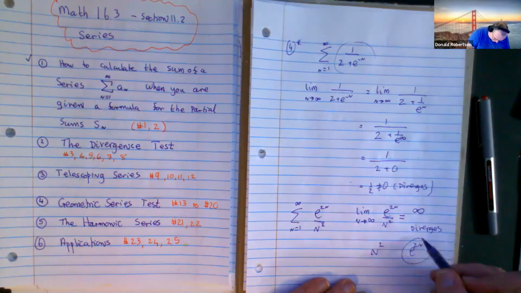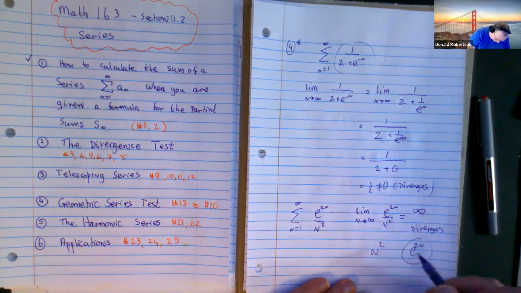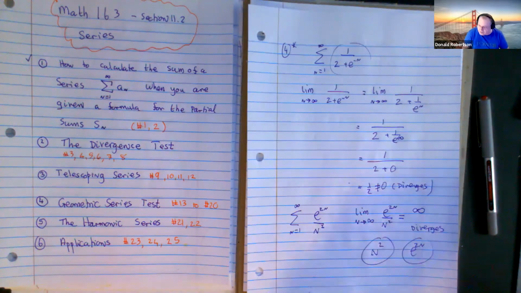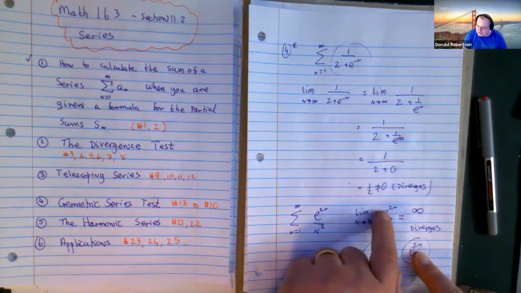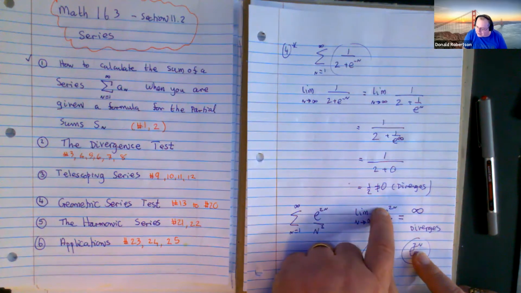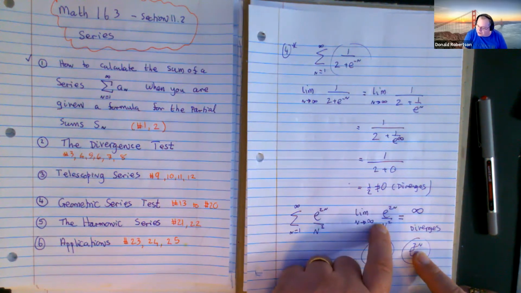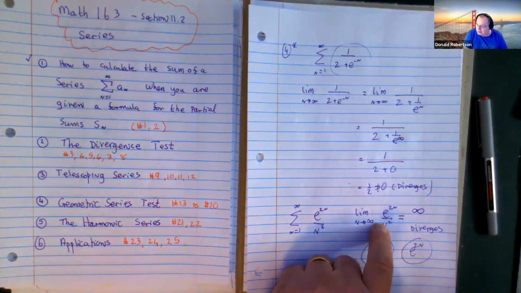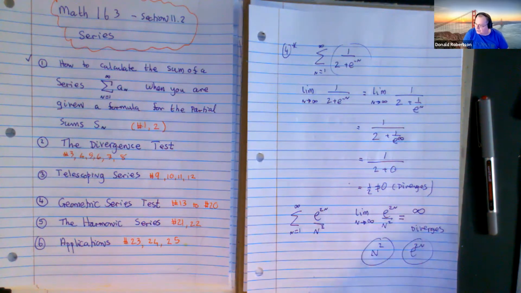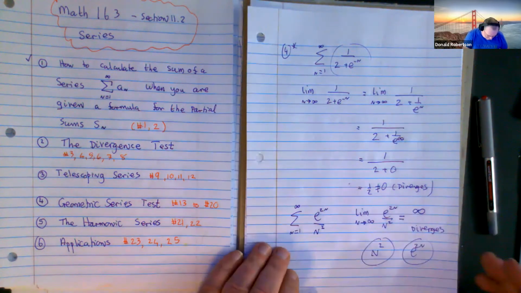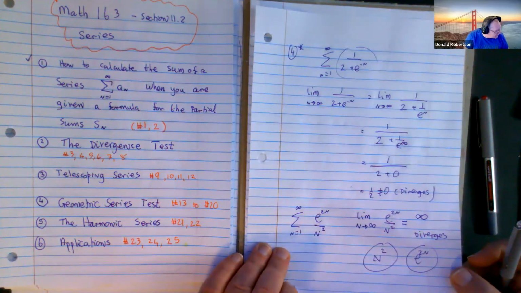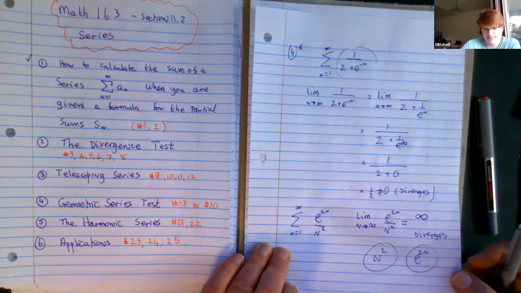That means this gets to infinity bigger and quicker than this does. Whatever one wins tells you the answer. If the one that wins is on the top, it's infinity. If the e to the 2n is in the bottom, wouldn't the answer be essentially 1 over infinity? It would get you 0, right? That would be the alternate, right? So if I turn them upside down, you would get that. Thank you. Are we good?